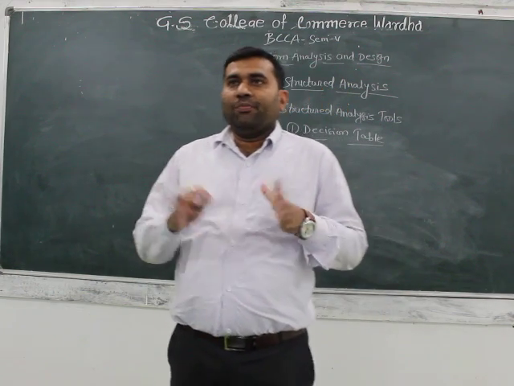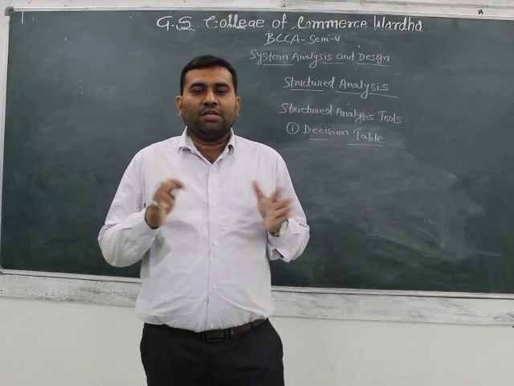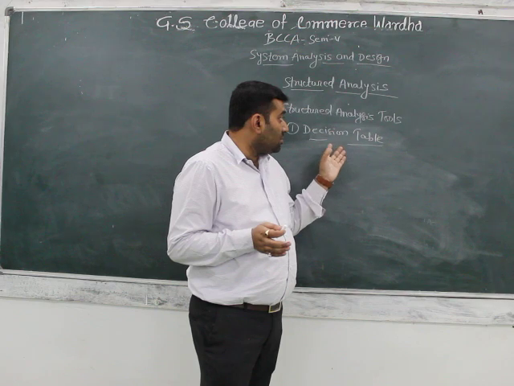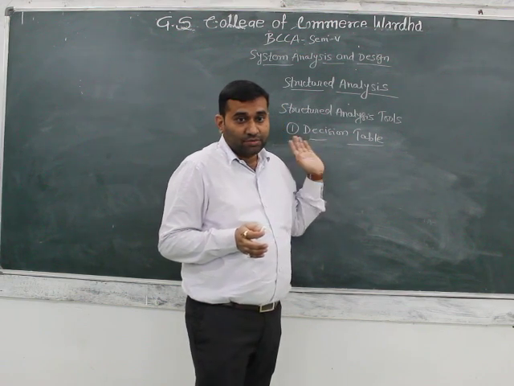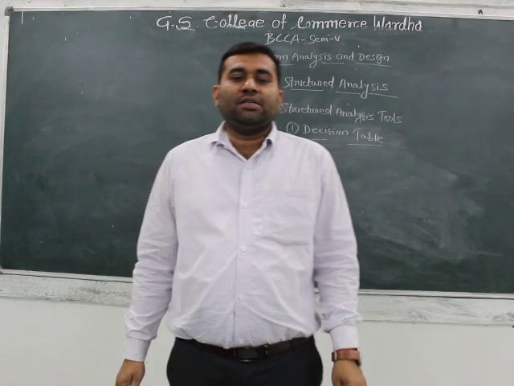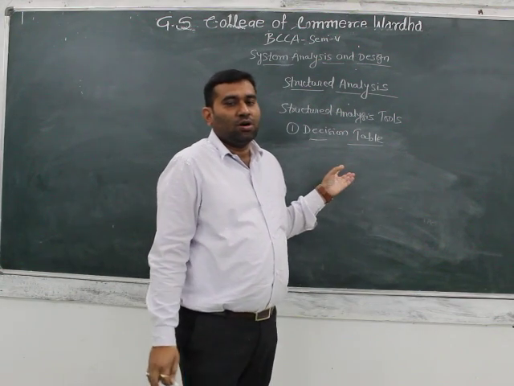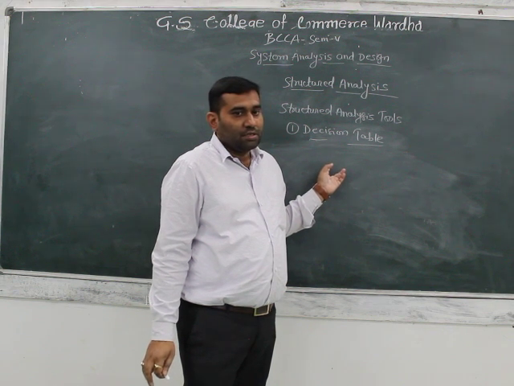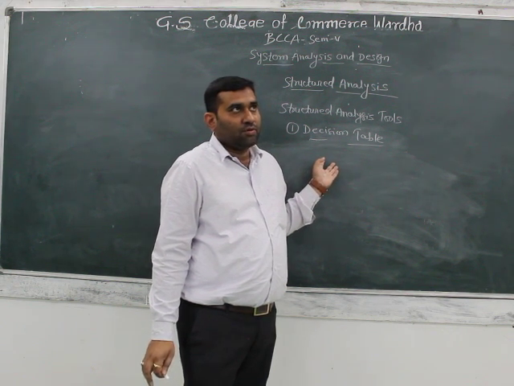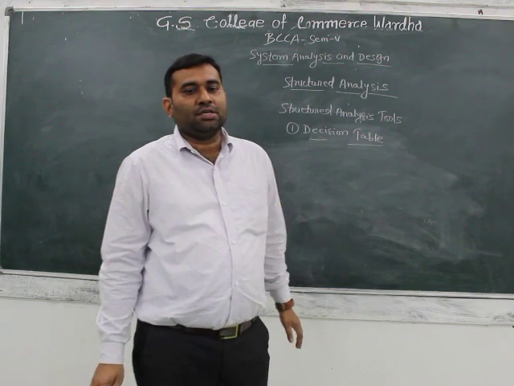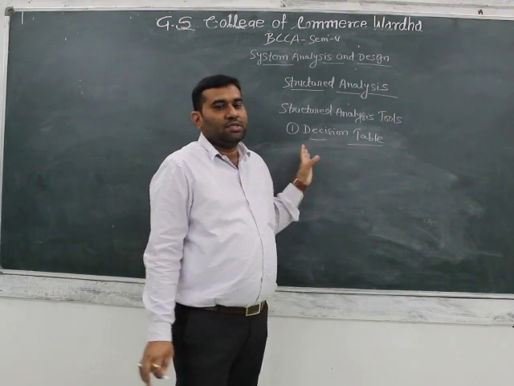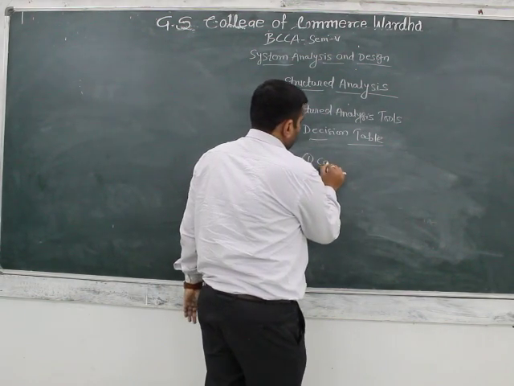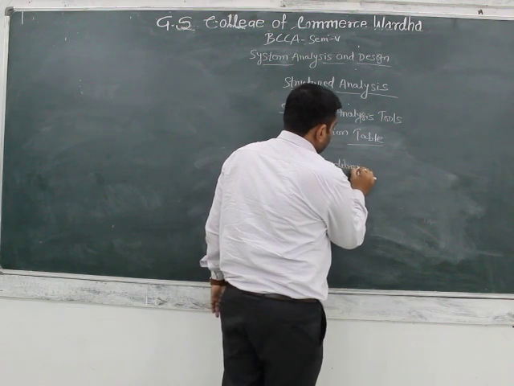For defining complex logical relationships, decision tables are used. It is useful in situations where the resulting action depends on the occurrence of one or several combinations of independent conditions. The components of the decision table: the first component is condition stub.